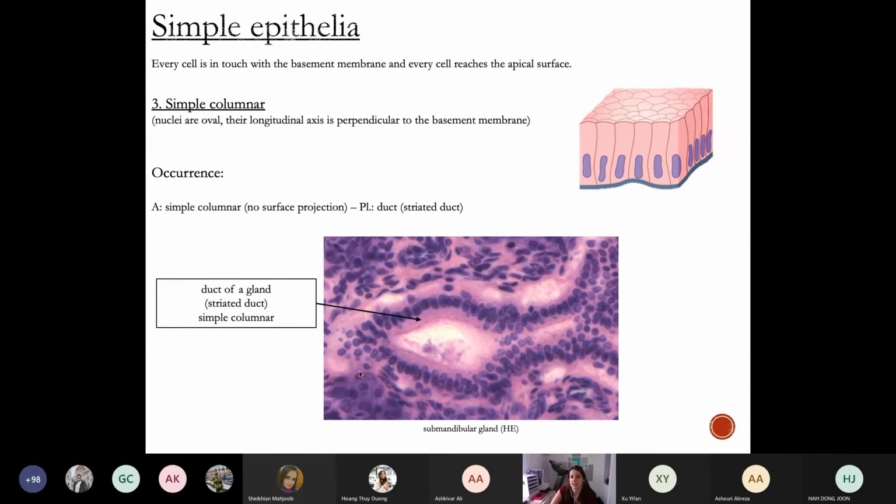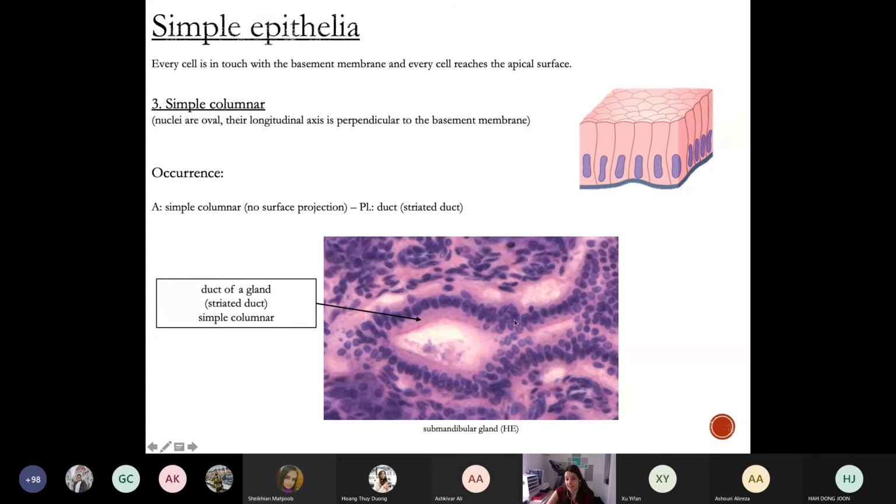Their nuclei are elongated, ellipsoid, and the longitudinal axis of the cells and of the nuclei is perpendicular to the basement membrane. So there is a 90-degree angle between the axis of the cells and the basement membrane.